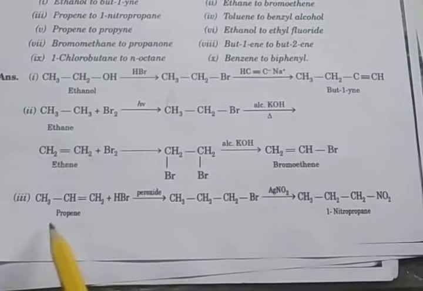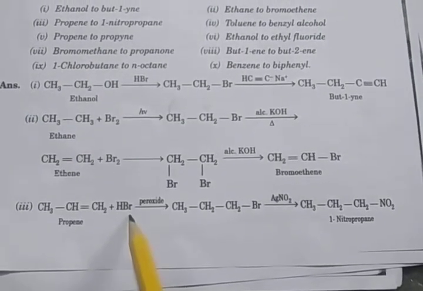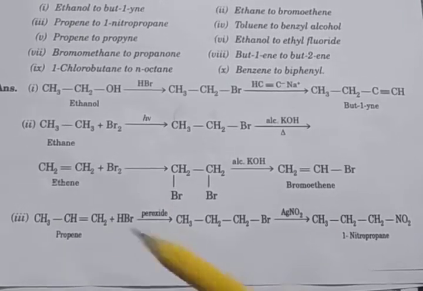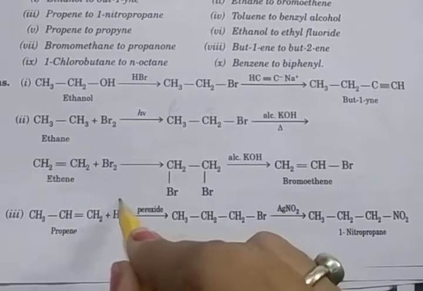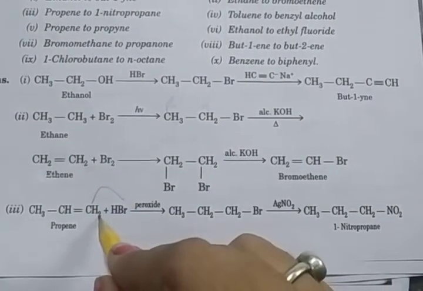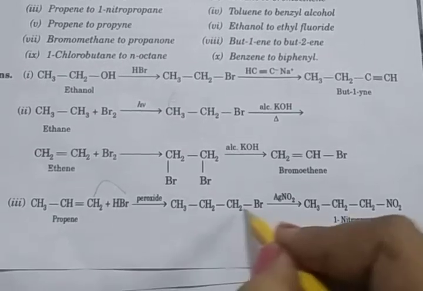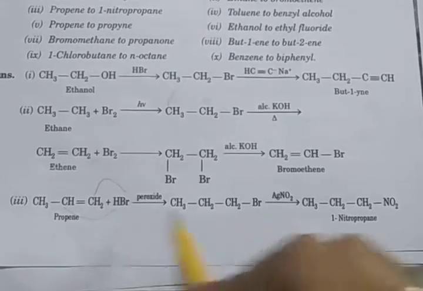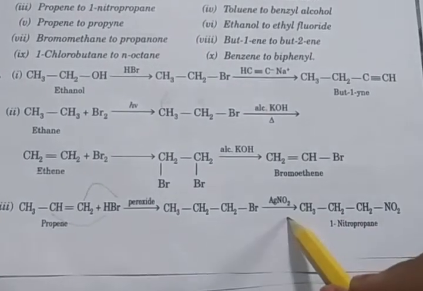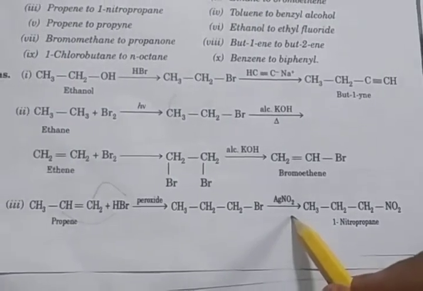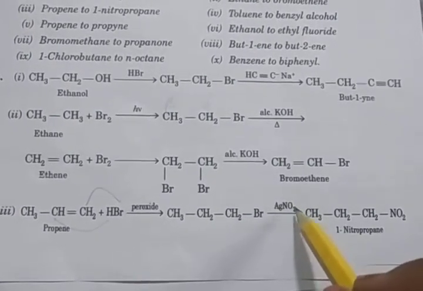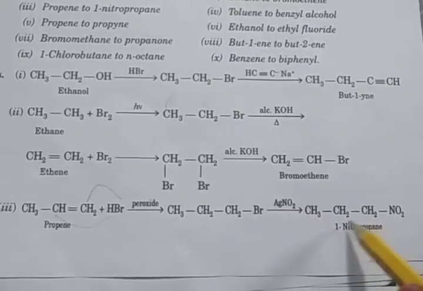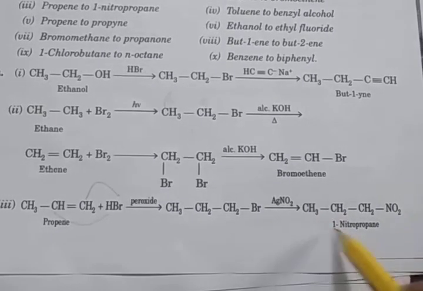Propene, CH3CH=CH2, reacts with HBr in the presence of peroxide, so the anti-Markovnikov rule applies. The halogen attaches to the double bond carbon having the maximum number of hydrogen atoms. So Br attaches at this position and hydrogen at this position, giving CH3CH2CH2Br. Then in the presence of AgNO2, Br is removed and replaced by NO2, giving CH3CH2CH2NO2, 1-nitropropane.